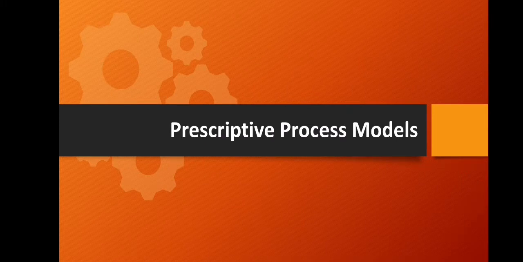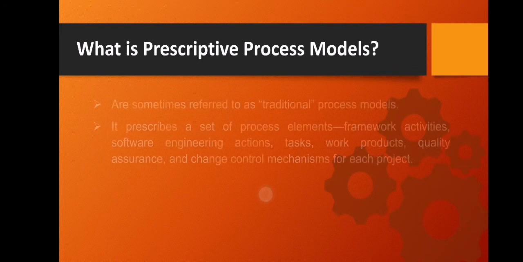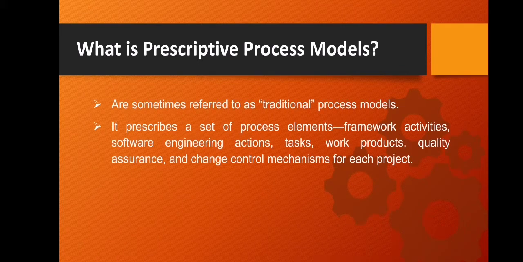Let us now go to prescriptive process models. So, prescriptive process model, sometimes referred to as traditional process model. Prescriptive process model prescribes a set of process elements, framework activities, software engineering actions, tasks, work products, quality assurance, and change control mechanism for each product.